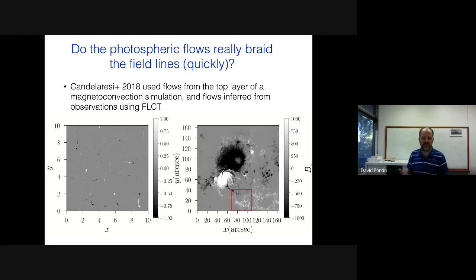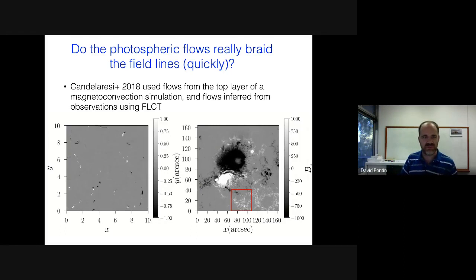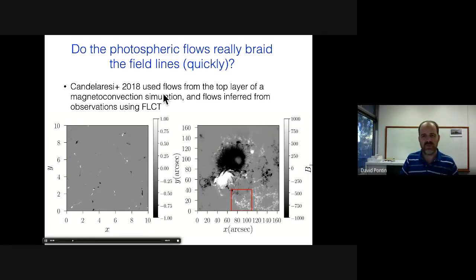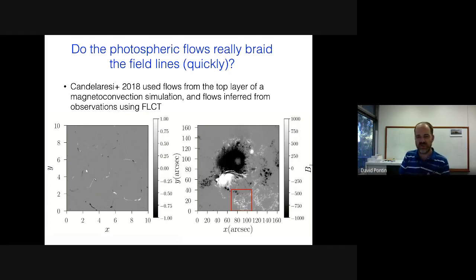Can we expect the flows on the photosphere to really give us these very braided or tangled fields? To try to address that in this paper here, we've looked at flows both from magnetoconvection simulations and those inferred using observations, as shown in the 2 movies.